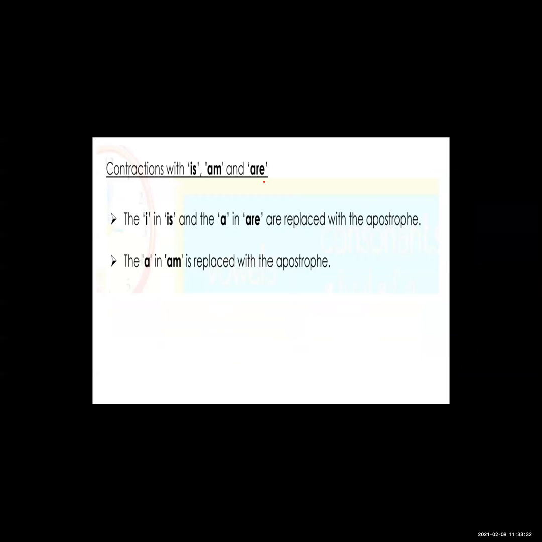Now there are some rules. Contractions with is, am and are. When there is a contraction with is and are, you will replace the I in is and the A in are with an apostrophe. About am, when you have to write I am, you will replace the A in am with the apostrophe.